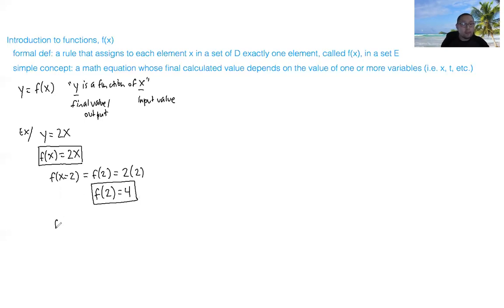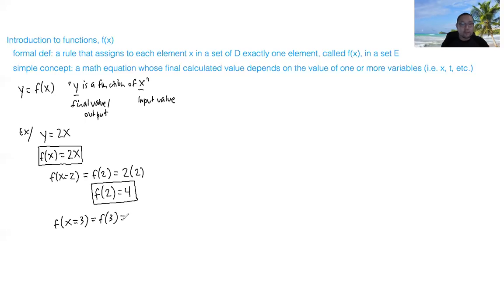Similarly, if we evaluate the function at x is equal to 3, that's the same thing as writing f of 3. These two are still equivalent. Wherever I see x in my function, I'm going to replace it with a 3.